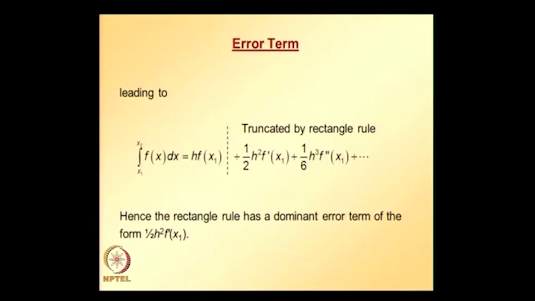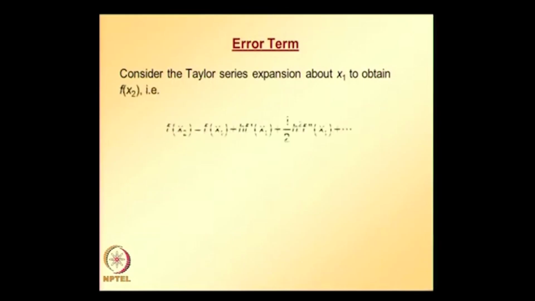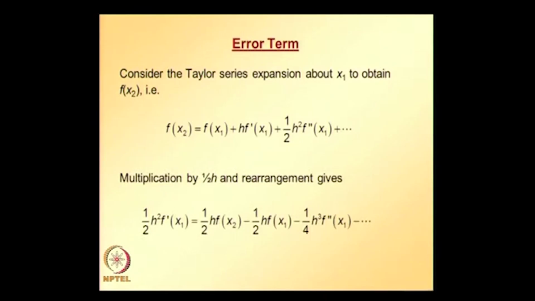Similarly, we can find the error associated with trapezium rule. So consider Taylor series expansion about x1 to obtain x2. So we get this, and multiplying by h over 2 and rearranging, we get this equation.